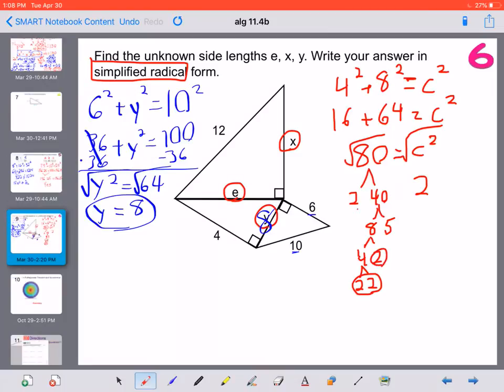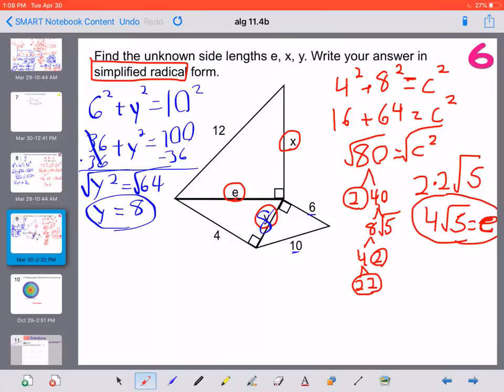I see another pair of 2's, so 2 times 2, and then the square root of 5 I can't do anything with, so that becomes the square root of 5. Two times 2 is 4, times the square root of 5 is going to equal c. So c is actually going to be e in this case. So 4 times the square root of 5 is e.